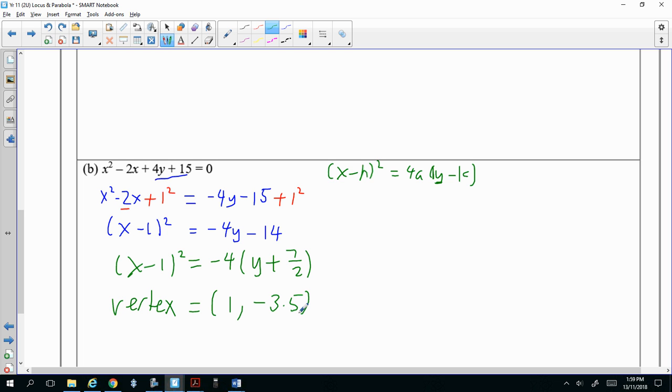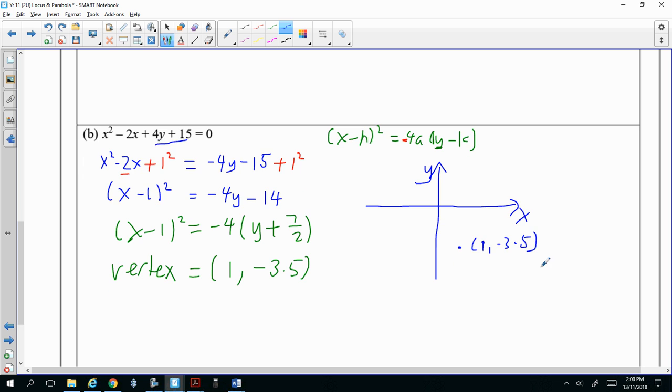Now, the standard form actually has a minus because it's concave down. And that means when we draw the diagram, we need to draw a concave down parabola. So draw the x and y axis, get the vertex 1 across, 3.5 down, like this, and we know it's going to be concave down. Let's draw that.